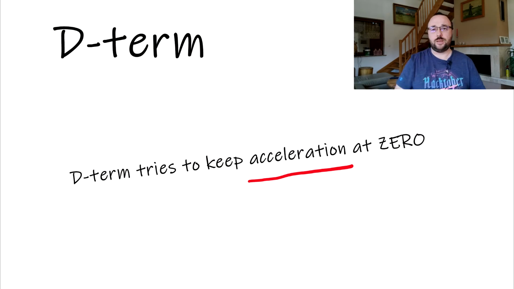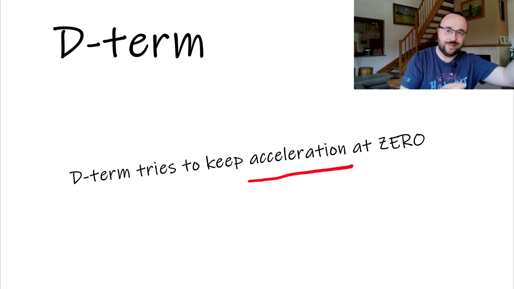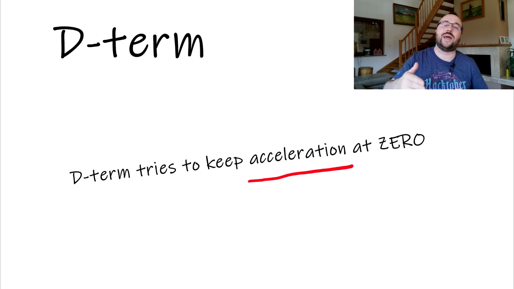So it's there. And now we go into the derivative, the so-called D term. Many people say that the D term thinks about the future, how the system will behave in the future, and dampens something. No, the D term really has nothing to do with damping. Well, it kind of damps, but damping is not really what the D term is doing.